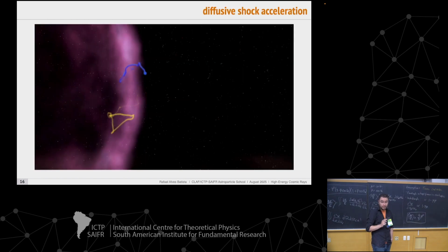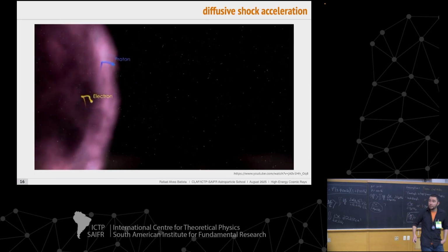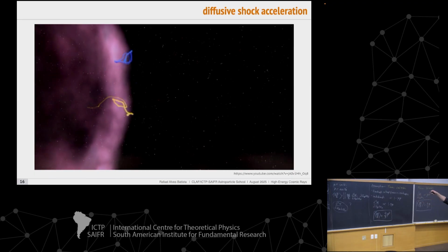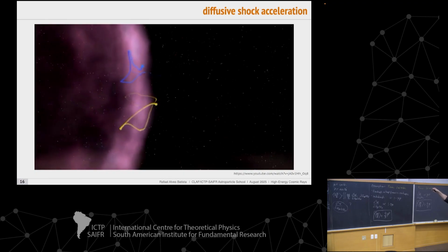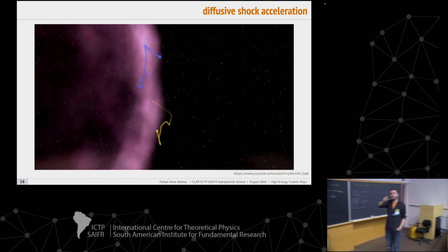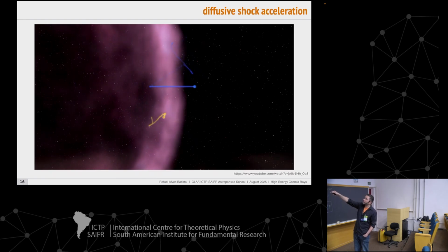So, just a visualization of what happens in the shock. We have an electron here. The shock is moving, and the electron keeps hitting back and forth until it goes to the other side. I think this also answers Claudio's question. So you have a particle here in the beginning.